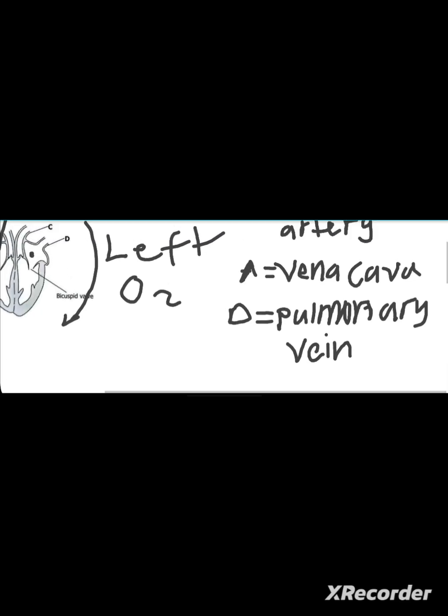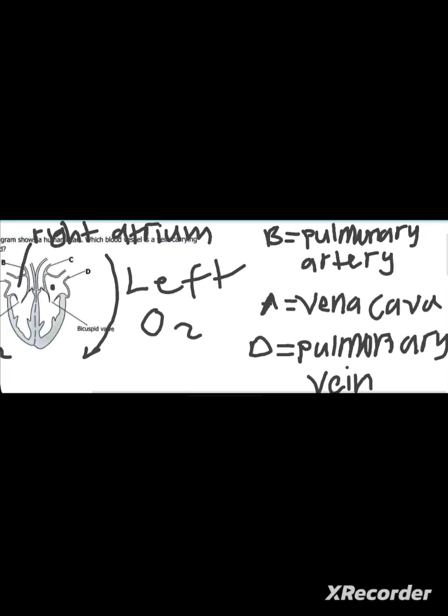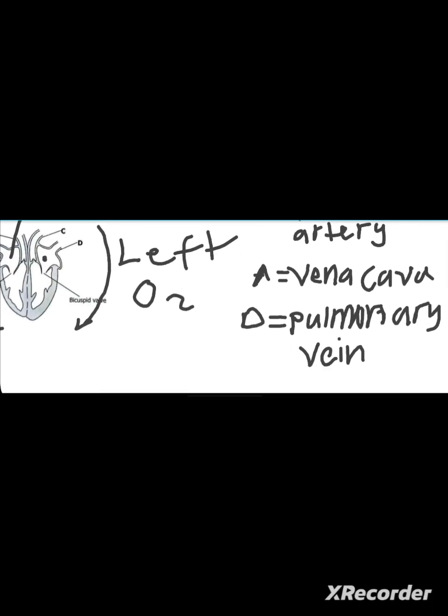The pulmonary vein is the only vein which is carrying oxygenated blood in the body. When the blood comes into the left atrium, it has to come to the left ventricle.